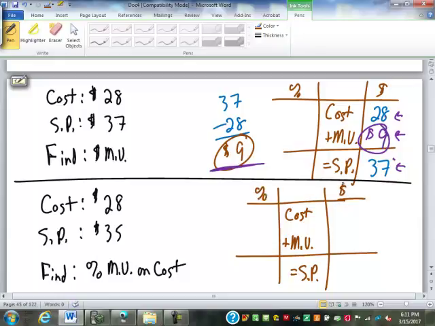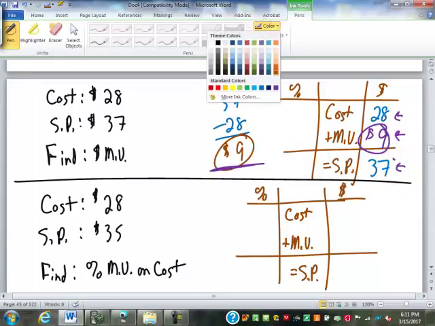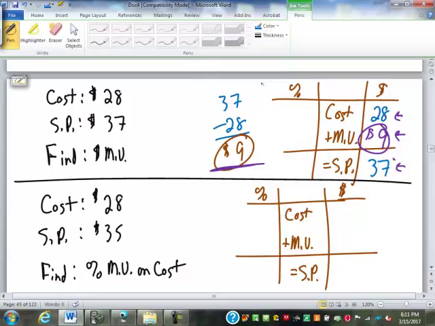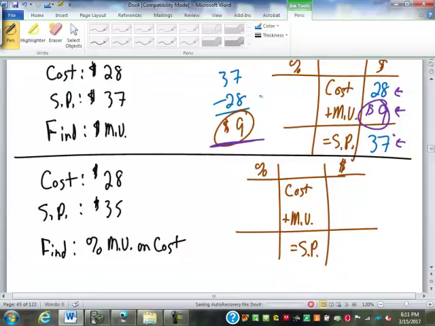Percents on the left, dollars on the right. What do we know? Cost is $28 on the dollar side. What else do we know? $35 is the selling price on the dollar side.